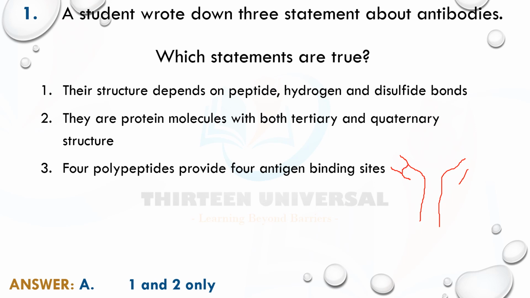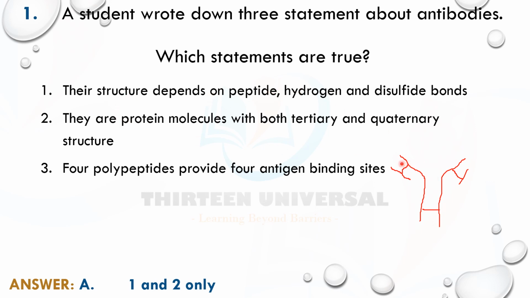The same here, a disulfide bond joins them. The disulfide bond also joins the two long chains. And you can see that this is the antigen binding site, the variable region. This is the constant region. This is the hinge point.